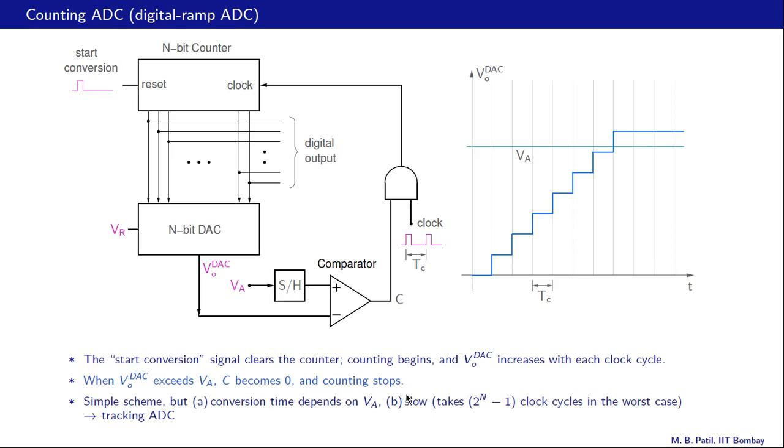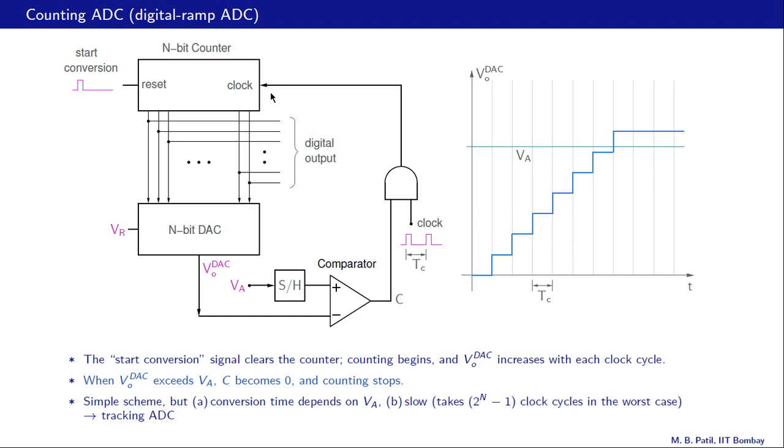Let us look at this point. This is our input analog voltage after sample and hold, and at this point our VO DAC exceeds VA. When that happens, C becomes 0 and the output of this AND gate therefore becomes 0, and the counter does not receive the clock, so counting stops.